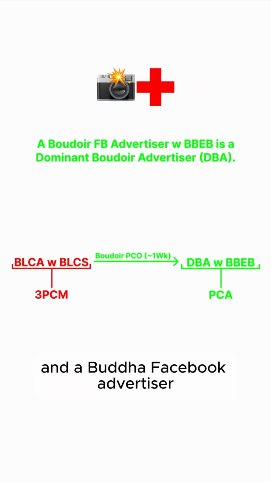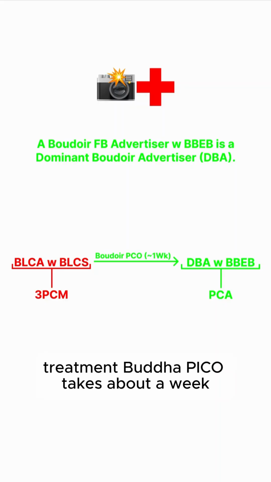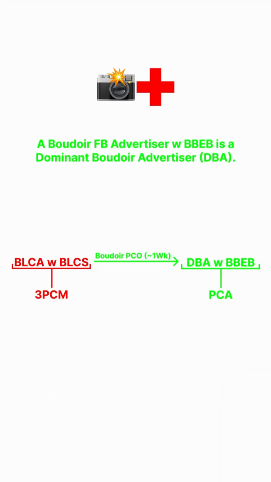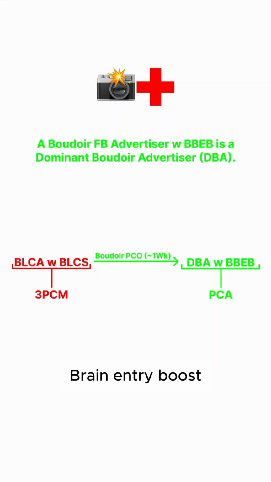And a boudoir Facebook advertiser with boudoir brain entry boost is a dominant boudoir advertiser, a DBA. So this is our full universe here. BLCA with BLCS is caused by the 3 pre-click mistakes. Treatment, boudoir pico, takes about a week. We achieve pre-click alignment, and we become a dominant boudoir advertiser with boudoir brain entry boost.